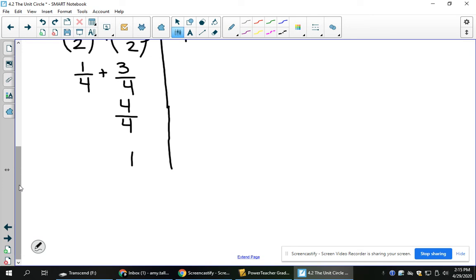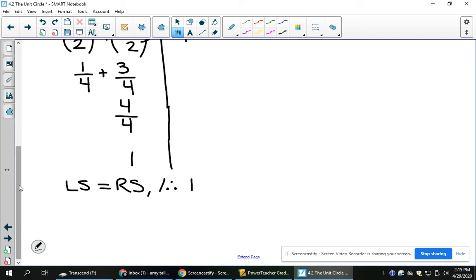So what I have is I have 1 on the left side and 1 on the right side. When you do a proof, you have to give a quick little sentence at the end, kind of summing up what you've decided. So I have decided that left side equals right side. Therefore, that's what the 3 little dots mean.